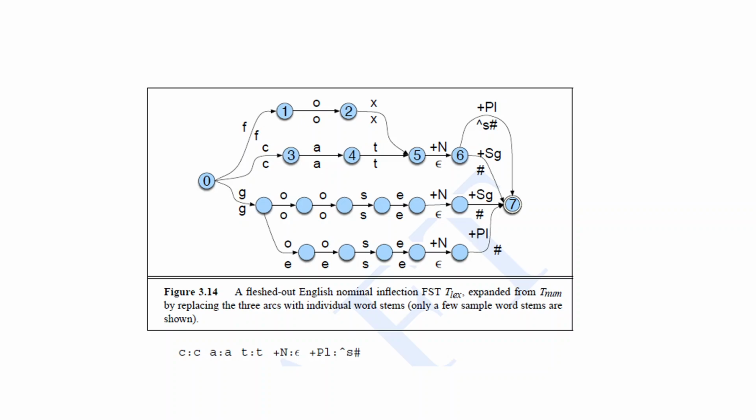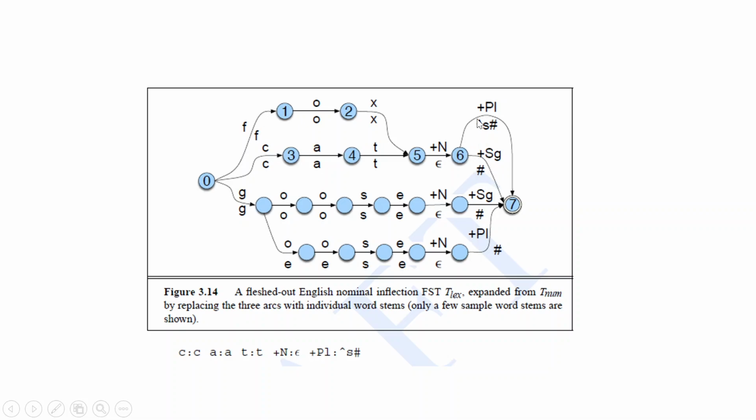This is the actual expanded or fleshed out version, right? Say for example, here you're reading C and outputting C. A is read, output A. T is output. Now you come to the end of that, so no more input is read. You generate plus n to denote it as a noun, and then if you read a hash, you output singular.